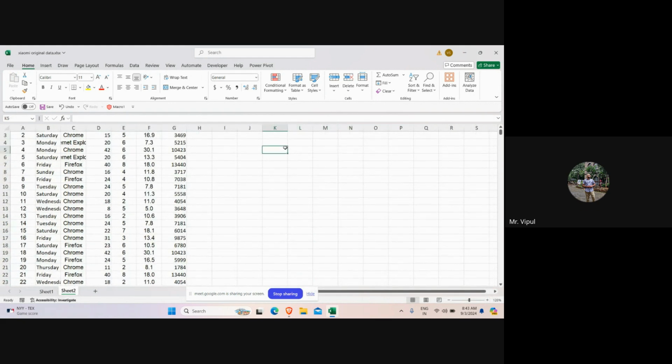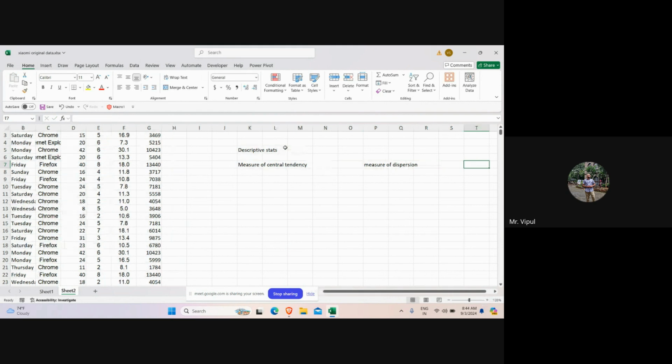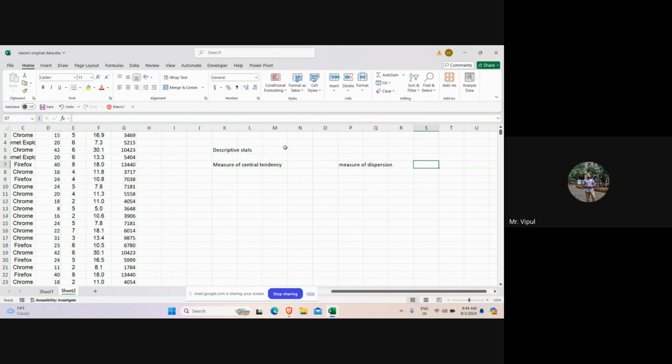If you remember, the first is measure of central tendency, then measure of dispersion, and third is measure of shape.